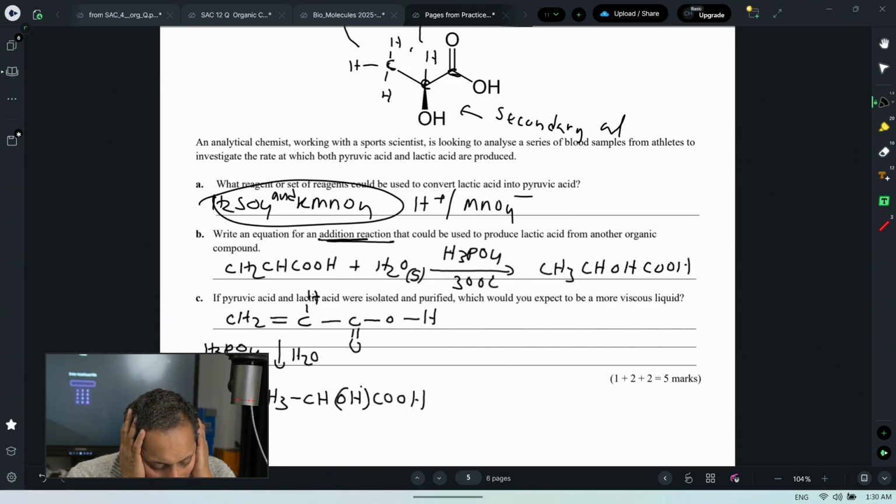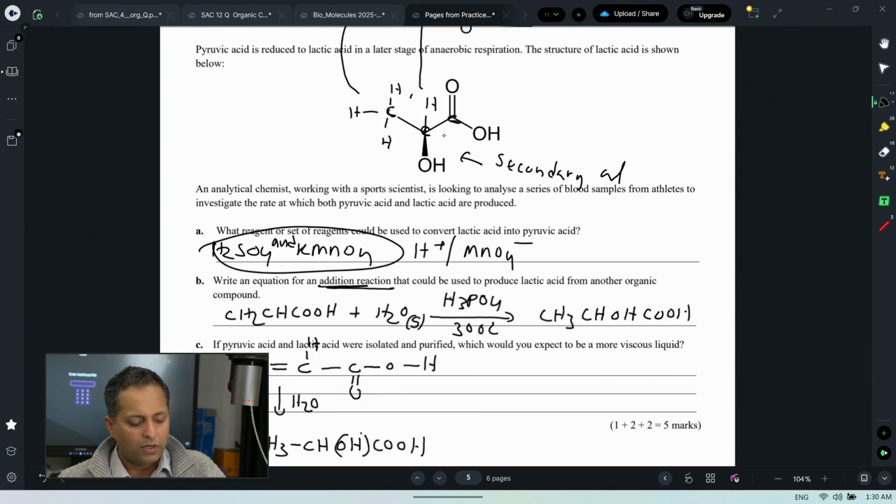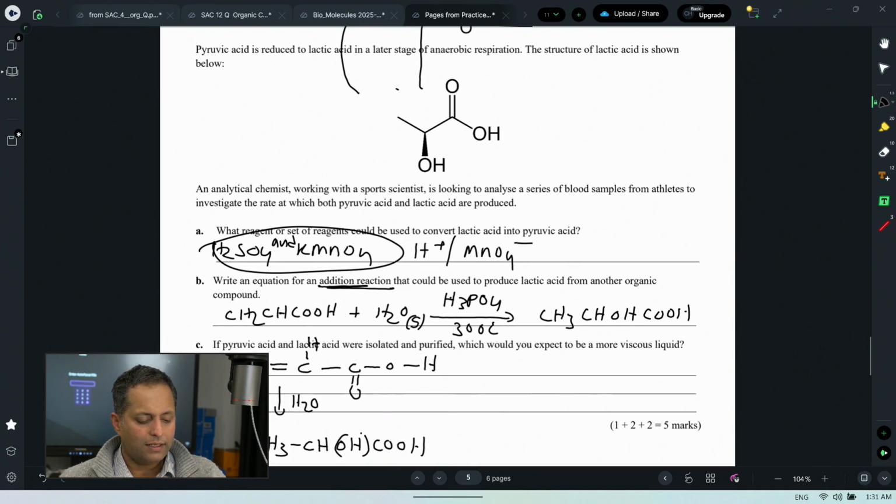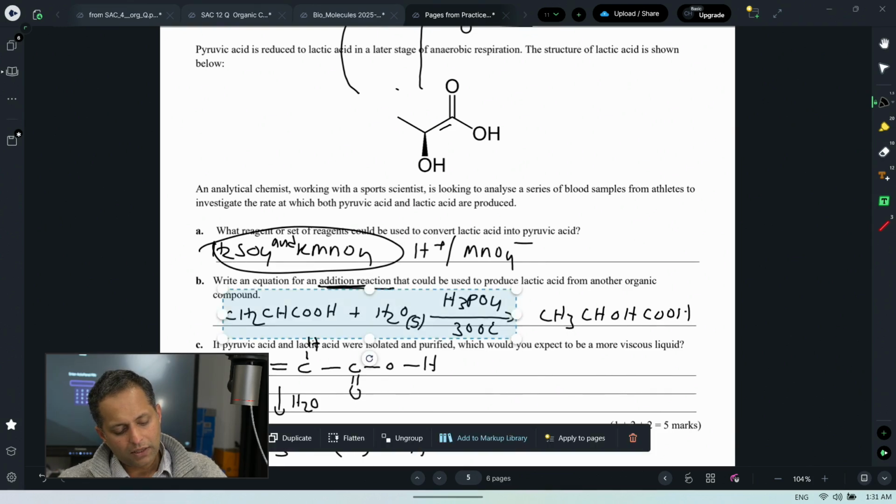Now, how did I know that I had to add water? This is what I did. They are saying do an addition reaction. In order to do an addition reaction, you need to have an alkene, a carbon-carbon double bond. You cannot have the carbon-carbon double bond here because then there would be too many carbons.